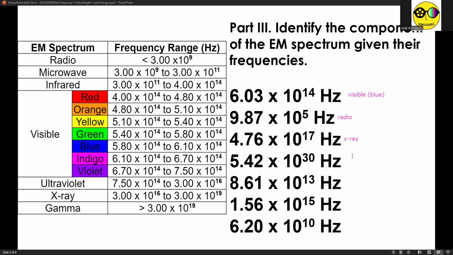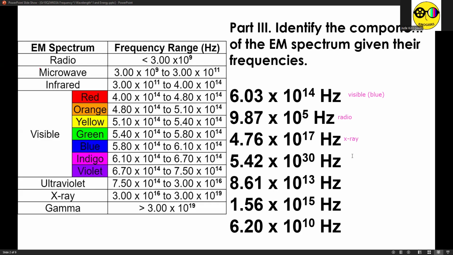Number 4, we have 5.42 times 10 raised to positive 30 hertz. If you notice, in most of the examples so far, I don't give the explicit exponent and the explicit range where that specific exponent can be found. That's because I want you to read between the lines and to understand the range each spectrum has.